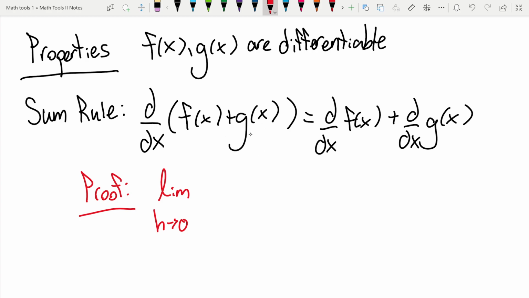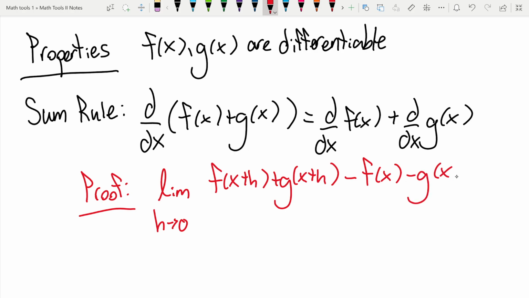Okay, so this would be f of x plus h plus g of x plus h minus f of x plus g of x in parentheses, so f of x minus g of x. Okay. And what I meant by in parentheses was that it would be like this, right? Minusing that entire thing in here.